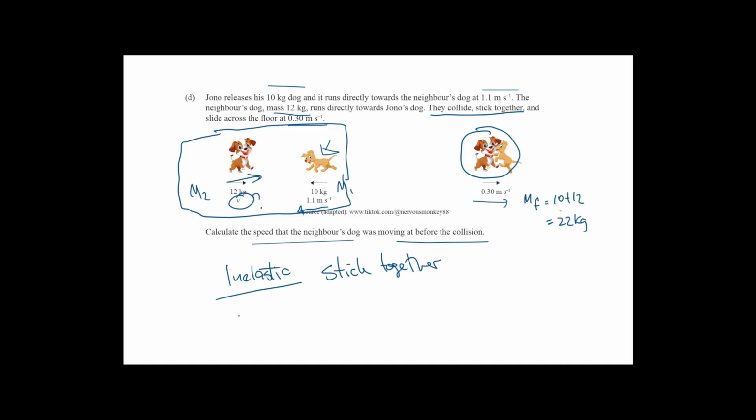So the momentum before is going to be mass 2 times the velocity, which is what we want to find, in that direction, plus the mass of this dog here times the velocity of that dog there. But it's going in this direction, so it's going to be a minus sign. So let's work it out. It's going to be 12 kg times the velocity minus 10 kg times 1.1.